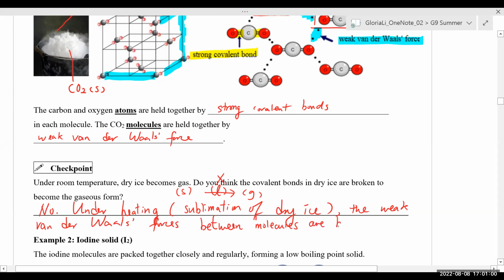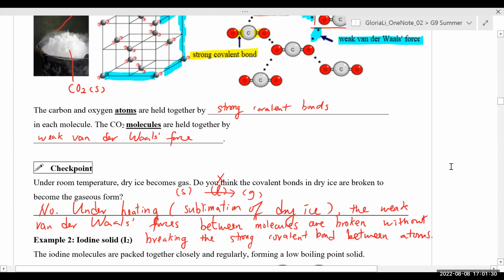Between molecules are broken, without breaking the strong covalent bond between the atoms.